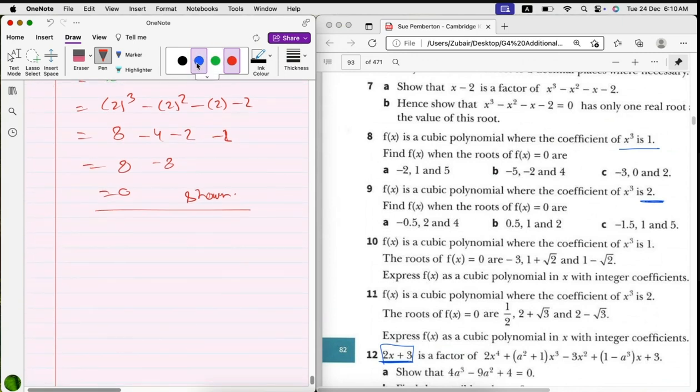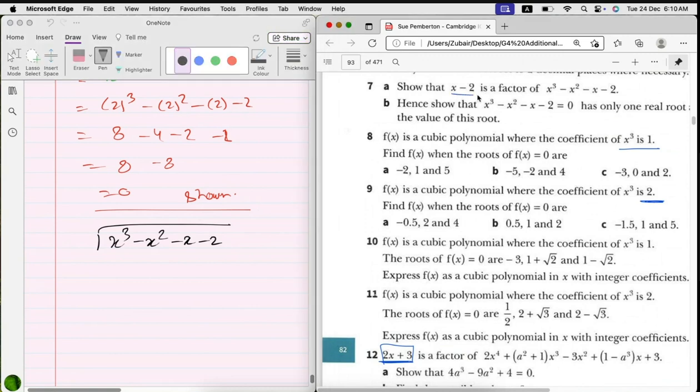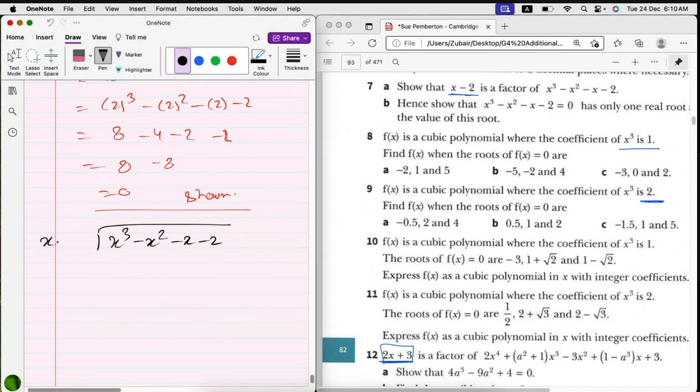Then the B part says, hence show that this has only one real root. So this is x cube minus x square minus x minus 2, which was already divisible by x minus 2. x square gives me x cube minus 2x square, and this is x square minus x minus 2.